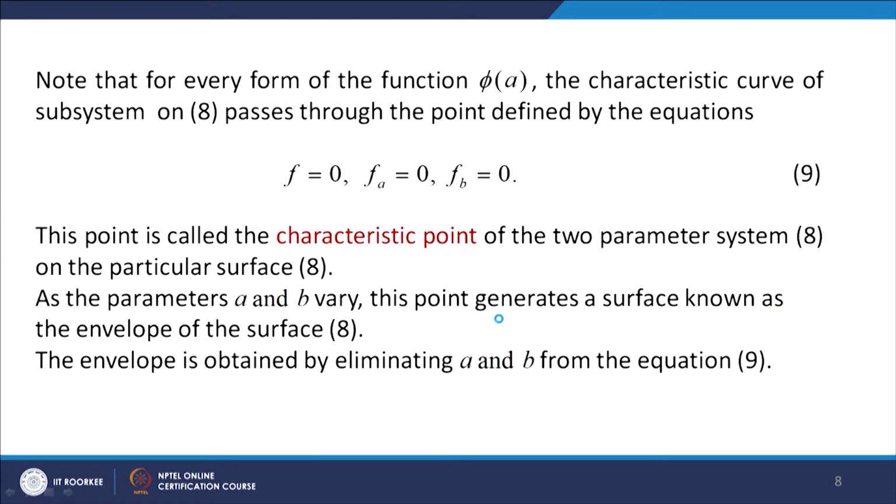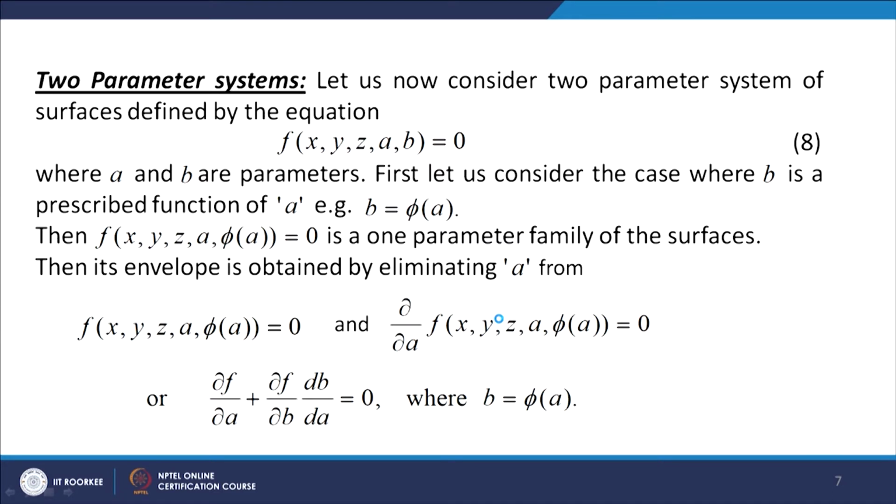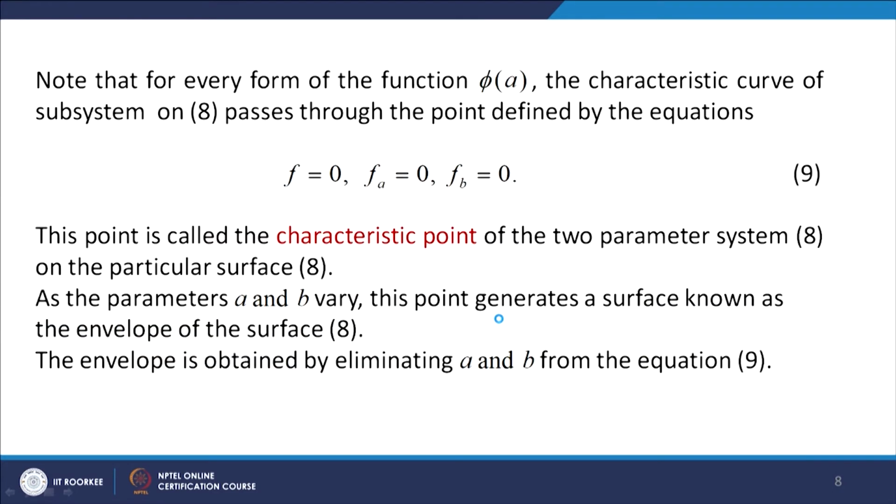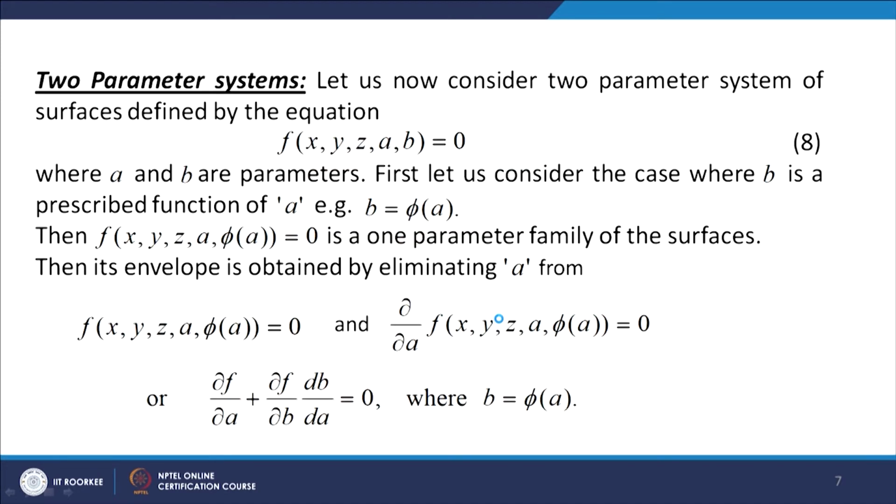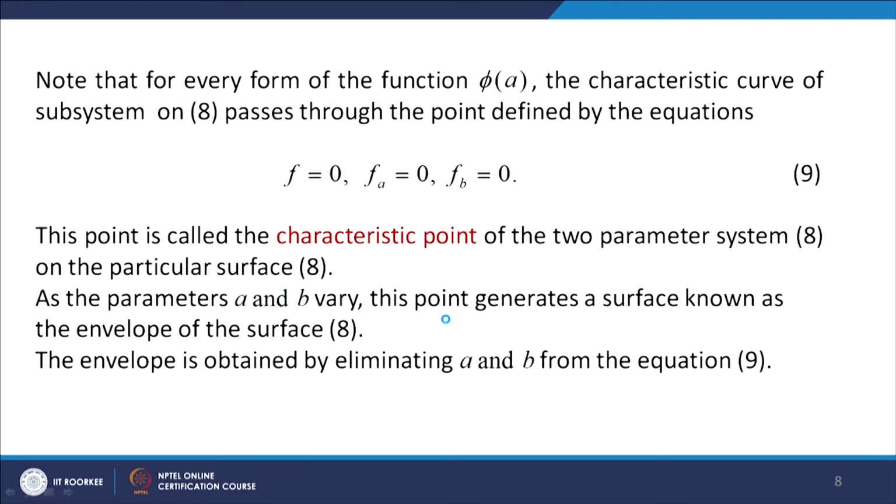Now, let us note that whatever be the function phi(a), the characteristic curve of the subsystem on the surface is obtained by this equation and this equation. The two equations together determine the characteristic curve. So, the characteristic curve of the subsystem passes through the point defined by the equations f = 0, f_a = 0, f_b = 0.